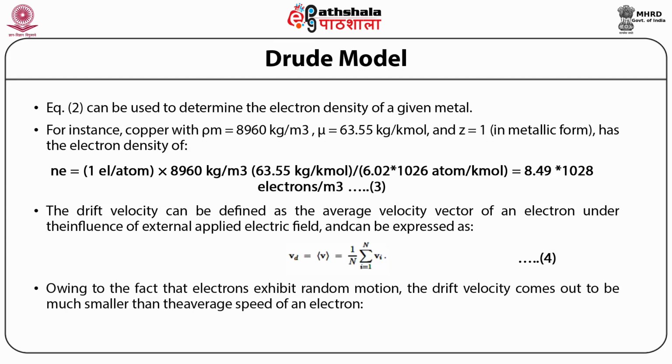Owing to the fact that electrons exhibit random motion, the drift velocity comes out to be much smaller than the average speed of an electron. This is represented as average speed equal to square root of v square, equal to square root of 1 by n into sigma of vi square. This is represented as equation 5.